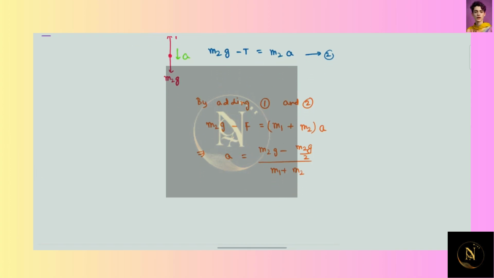So this will give us a equal to g by 2 times m2 by m1 plus m2. This is the answer for the given question. So acceleration of the m1 block is equal to g by 2 times m2 by m1 plus m2.